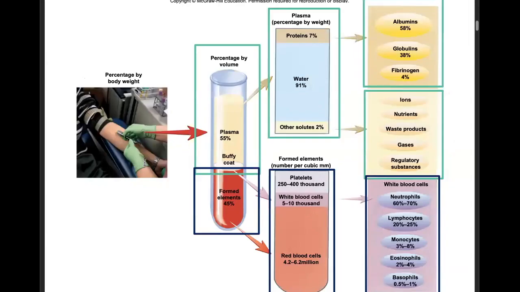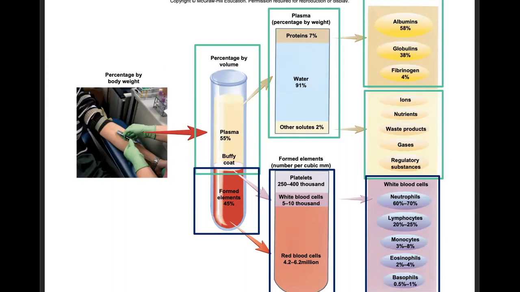So let's talk now about the composition of blood. Maybe you've already undergone medical tests wherein they draw blood from your body, just like what is happening here in our illustration. This is done by a professional, maybe a med tech, a doctor, or a nurse.